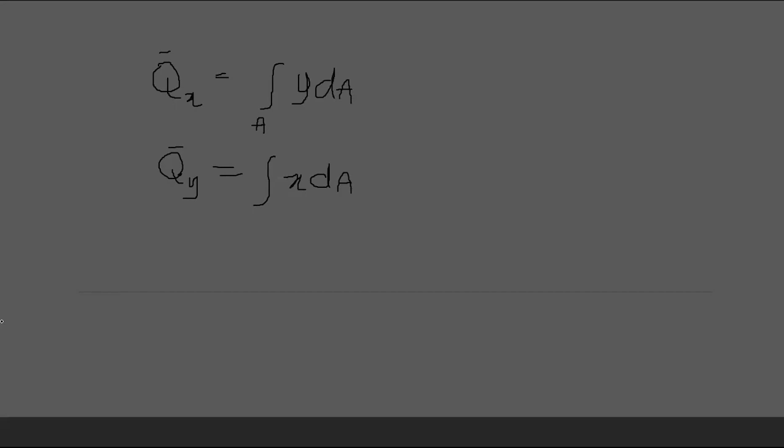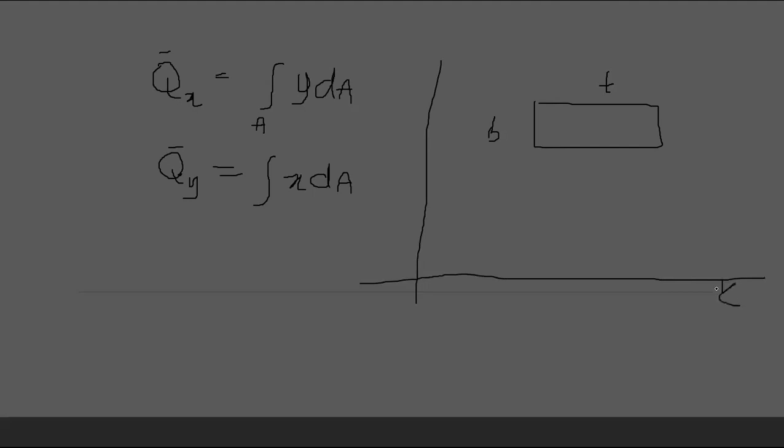So this is actually just the moment of area. If you have a rectangle like this, let's say it is b times t, with the x and y axes away from it.